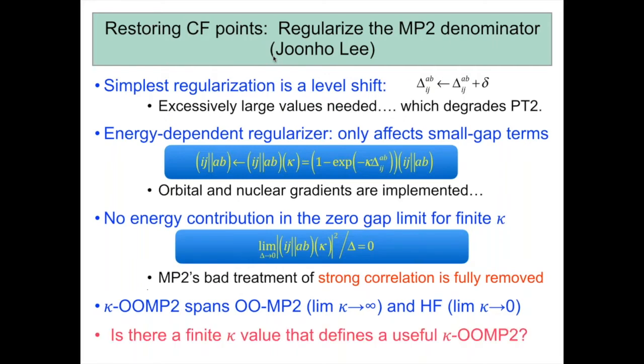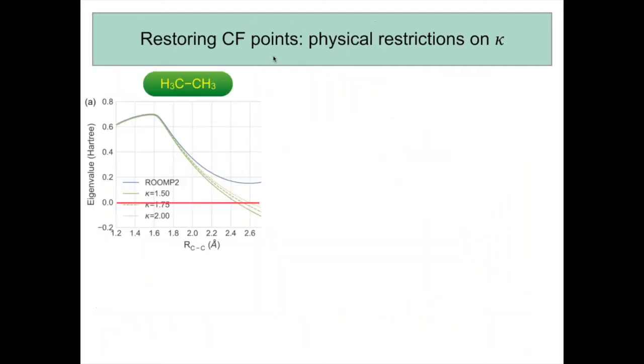So the question is, is there a finite kappa value that makes a useful kappa-OOMP2 method, somewhere between Hartree-Fock, kappa equals 0, and OOMP2, kappa goes to infinity, both of which I have shown you have problems. And so this next slide is a little bit of insight into how Joonho and I chose a suitable kappa value by looking at the Coulson-Fischer point we get in breaking the CC bond in ethane.